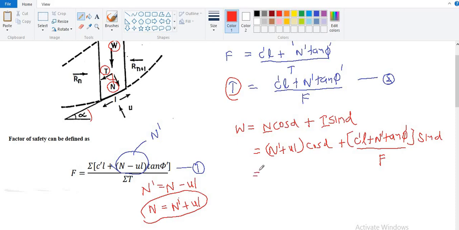Now we can get rid of these brackets and separate this.